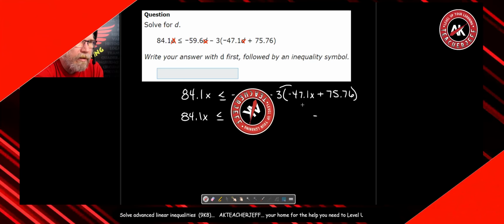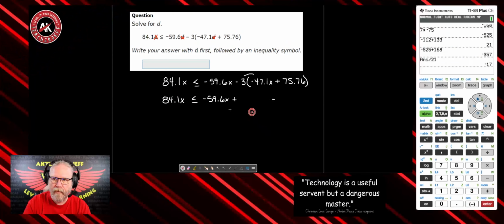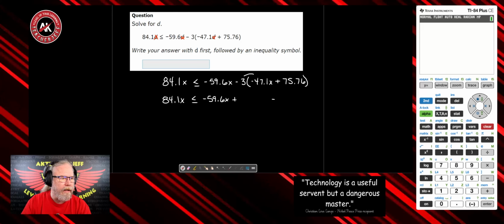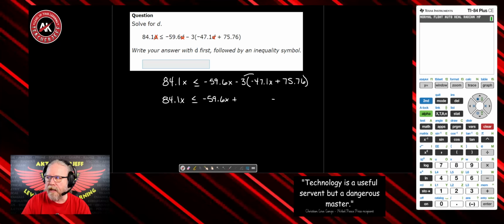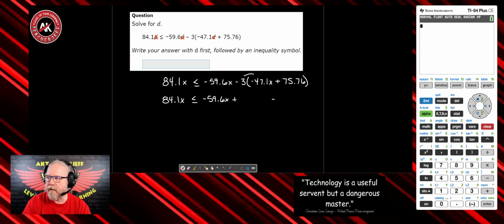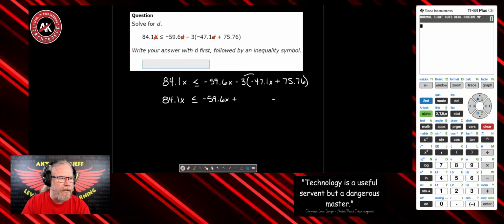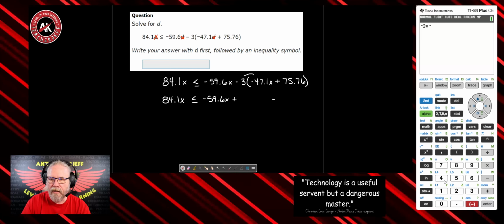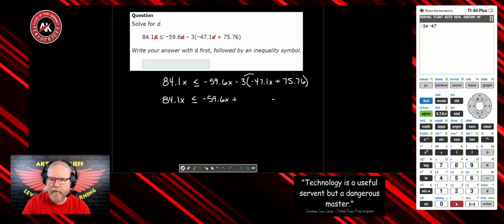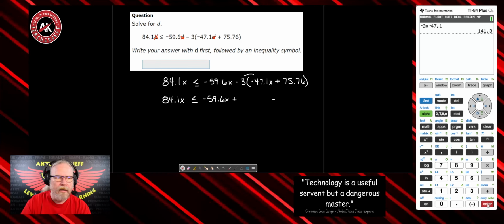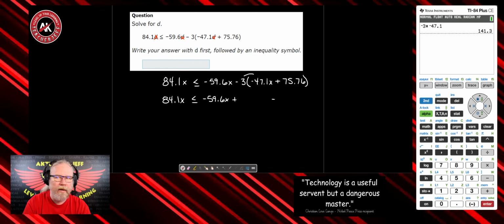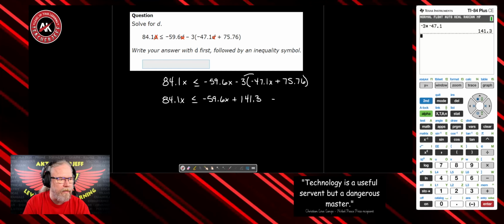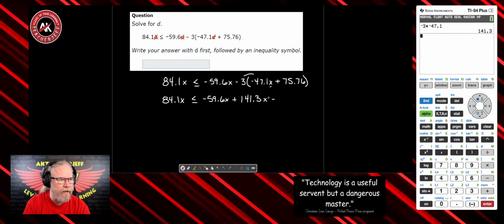So let's do some work with our calculator. Let's go back to our calculator. I'm going to go ahead and clear this out. Now I need a negative 3 times negative 47.1 equals, and that gives me 141.3, and the x goes along for the ride, correct?